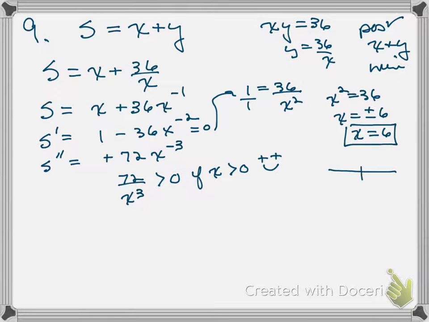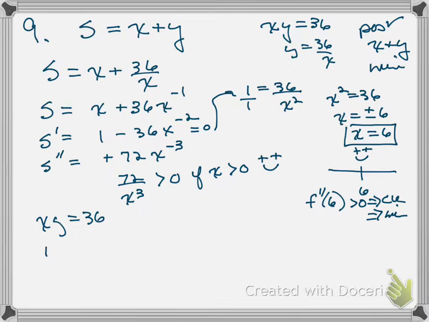So here again, critical value. I have already done the second derivative, so I can say f prime prime of 6 is going to be greater than 0, which makes it concave up, which makes this a min. Okay, so I just have to find the x and y values. So I know that xy equals 36. If x is 6, so 6y equals 36. So therefore y equals 6.